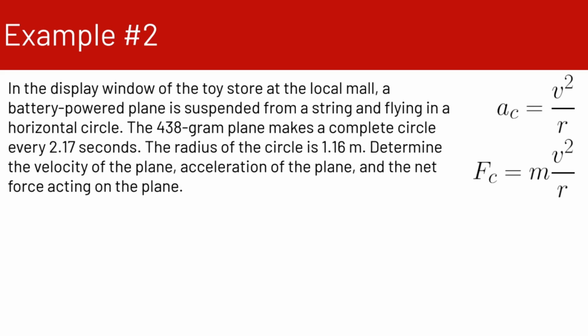In the display window of the toy store at the local mall, a battery-powered plane is suspended from a string and flying in a horizontal circle. So we have a plane, it's got a string, and it's flying in a horizontal circle. The radius of this circle is 1.16 meters.